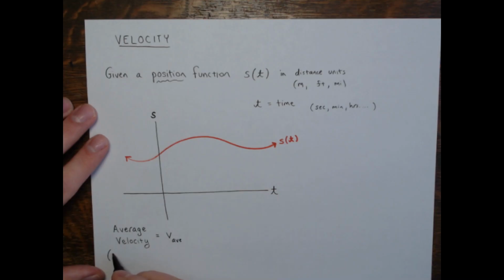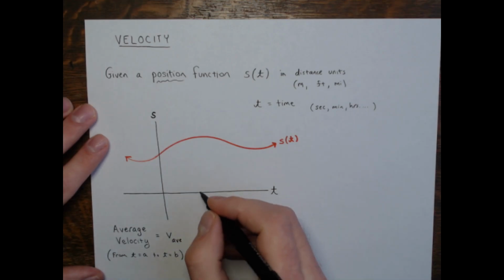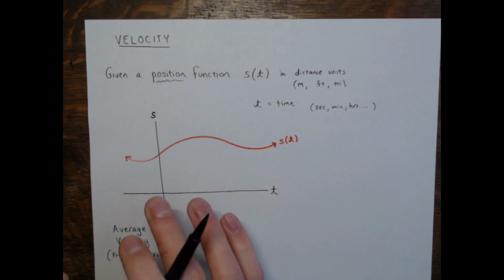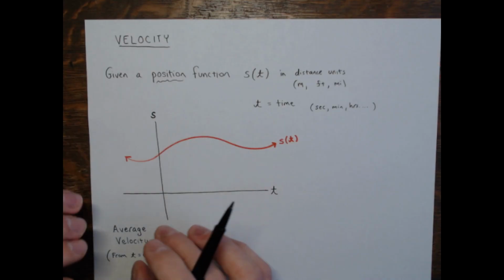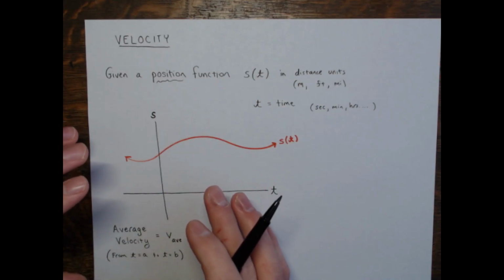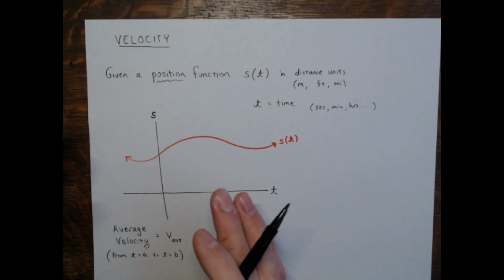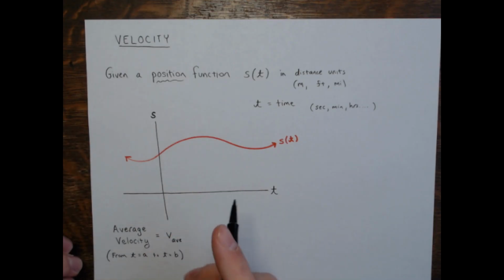This is over some interval, so from say t equals A to t equals B. If you want to talk about the average velocity at which some object was moving, it's almost like a speed again, but speed can't be negative, but velocities can be negative.